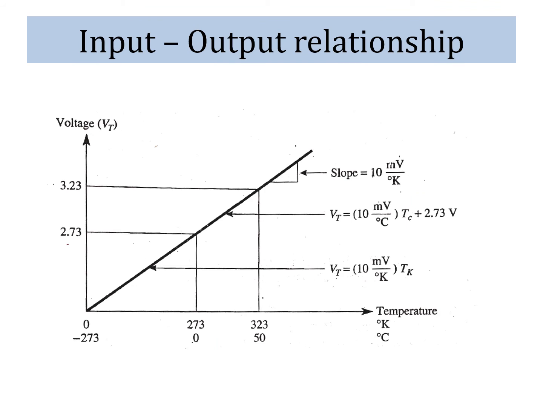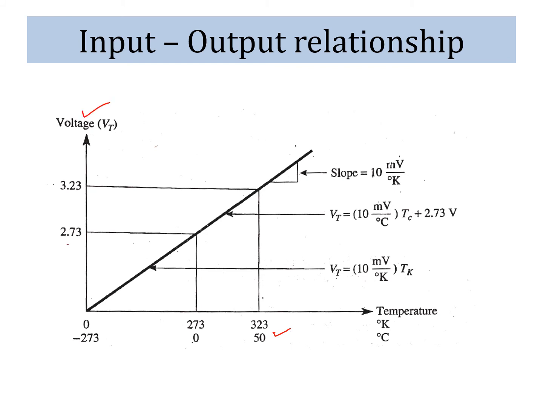This is the input-output relationship. We can get this information from the data sheet of any temperature sensor or transducer. If you want to connect some other transducer, you can find a similar plot where you can get the slope between temperature and the final output.